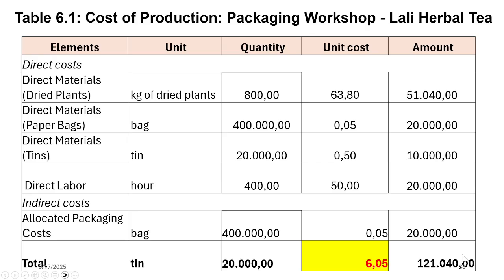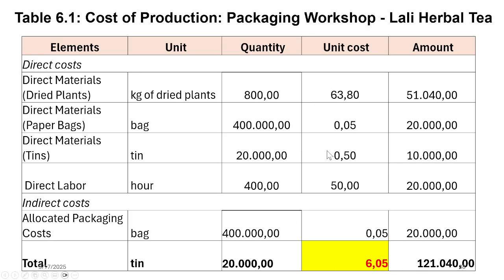And now it's very important to know the quantity of the final product after this workshop. Here the final product is the number of the activity produced in tins. So here we have 20,000 tins, because we use 20,000 empty tins, so we produce 20,000.